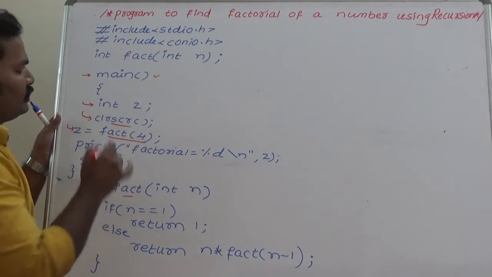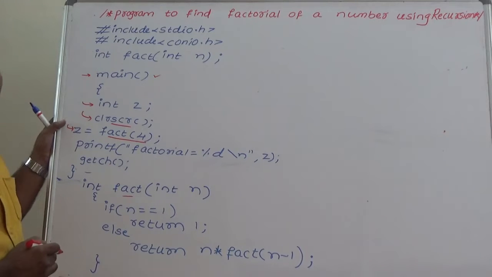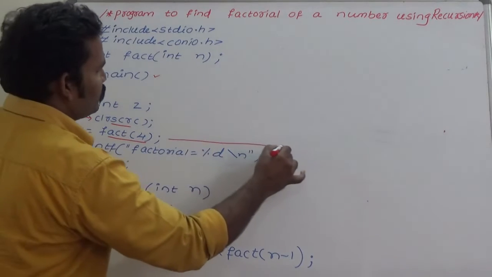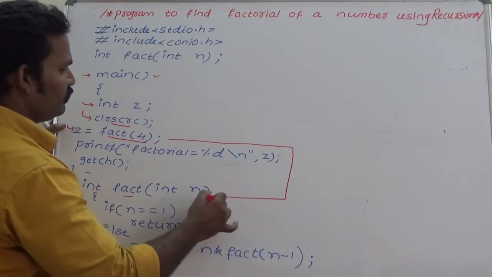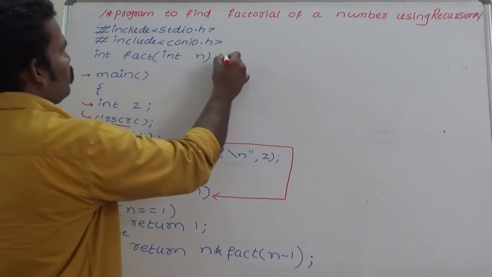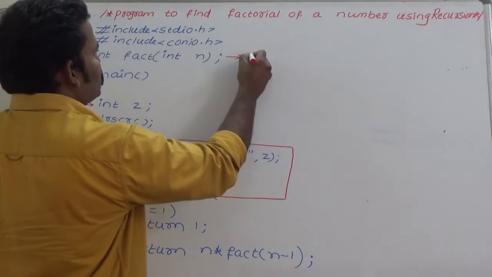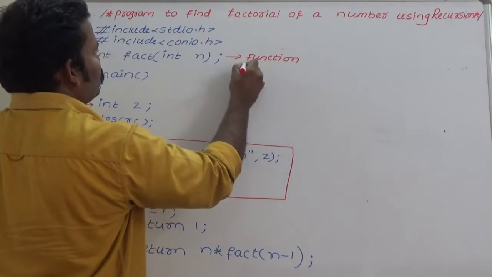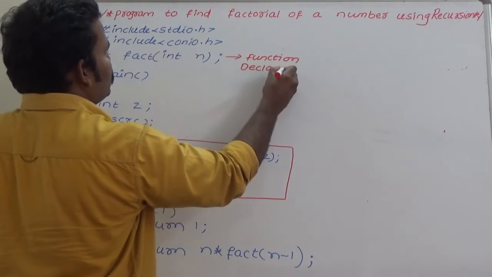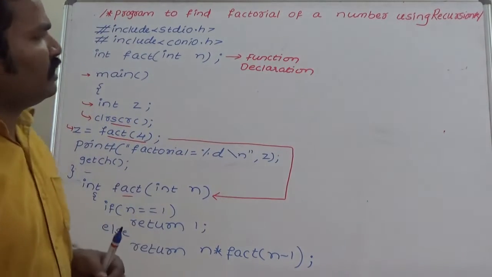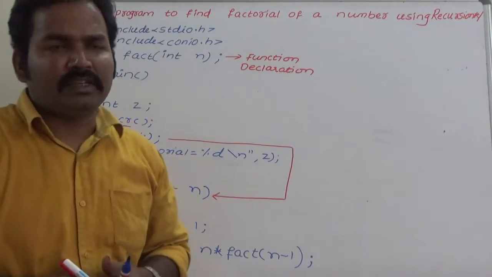Next, function call. Whenever execution control encounters a function call, it is transferred to the function definition. Already we know that a user defined function has three elements.